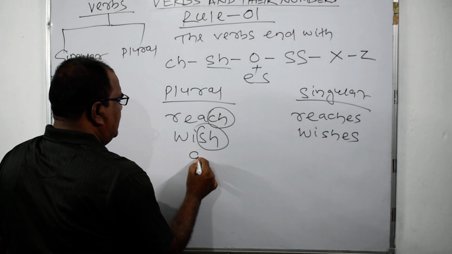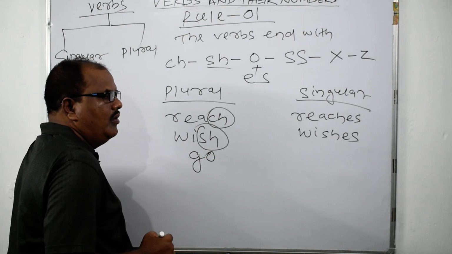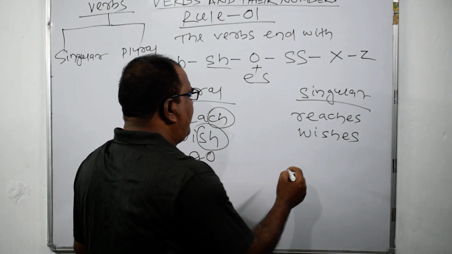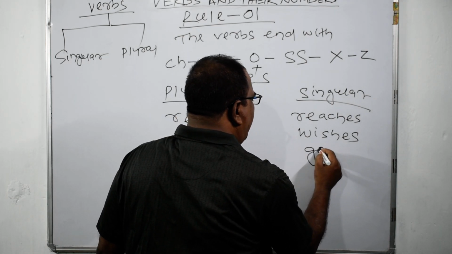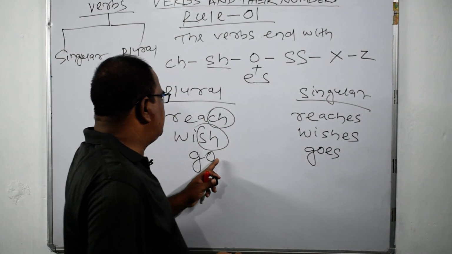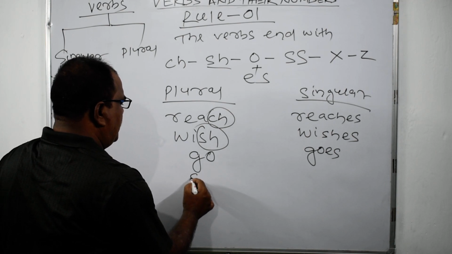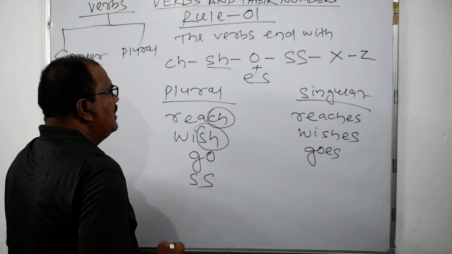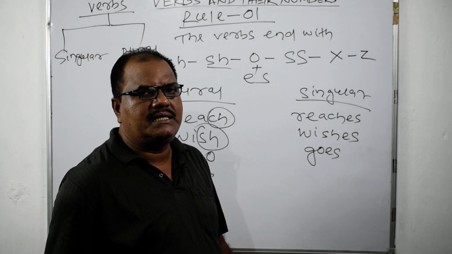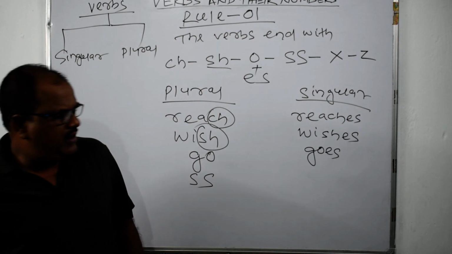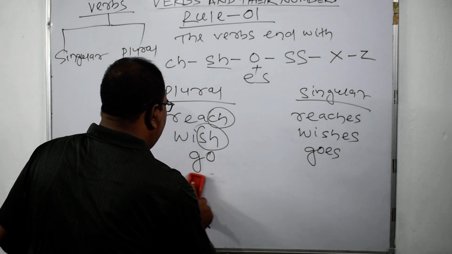Next, the verb ends with o: go. And its singular form is goes, when es is added to its basic form. Another example of a verb that ends with SS.